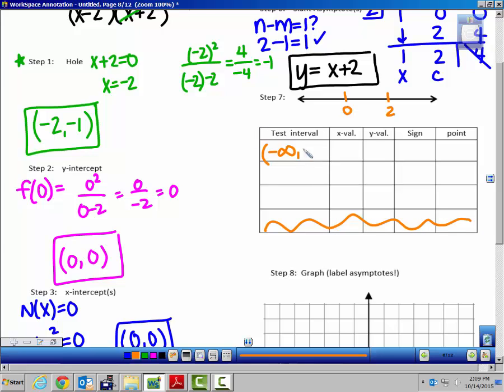So negative infinity to 0, 0 to 2, and 2 to infinity. So the x value is your choice. So I'm going to choose negative 1, positive 1, and 3. And again, you can just plug those in individually, or you can type it in your calculator and look at the table. It comes out to negative 0.3 repeating.